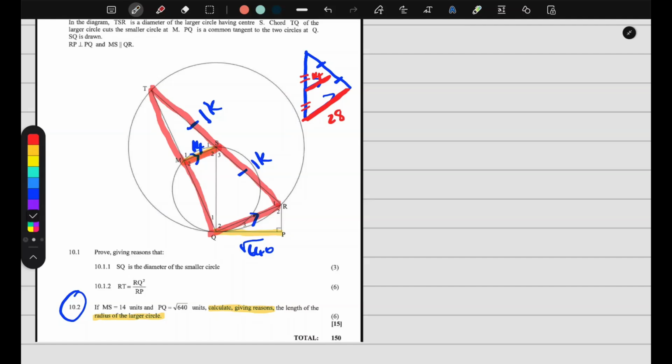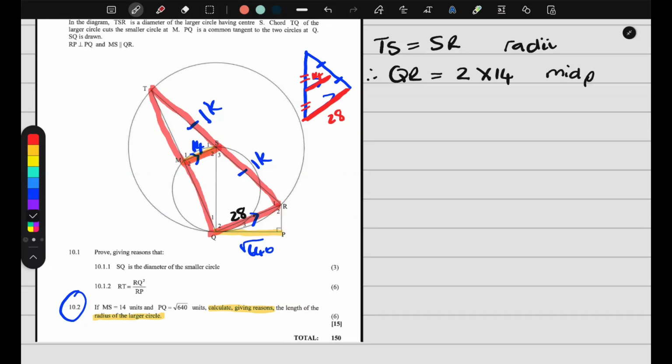So let's write that down. That means QR is 28 units. I'm going to say TS is equal to SR. Radii. So I'm just writing everything down, eh? So therefore, QR is double 14.